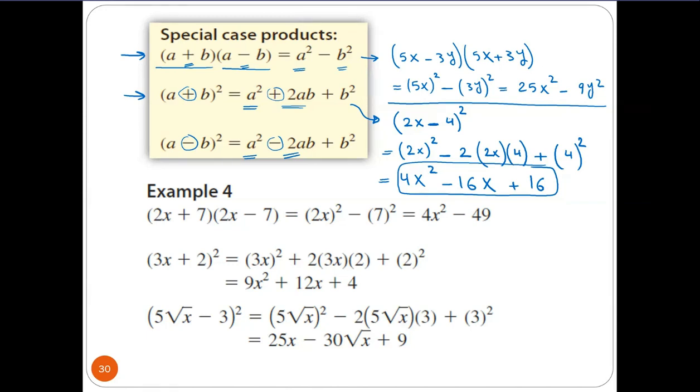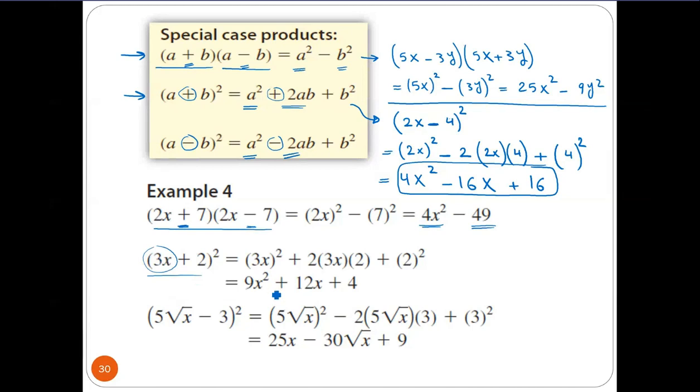Okay, and we have some examples. For example, like this, if we have just the difference, positive, negative, addition, subtraction. So the first square 4x squared minus the second square 49. Look at this also.